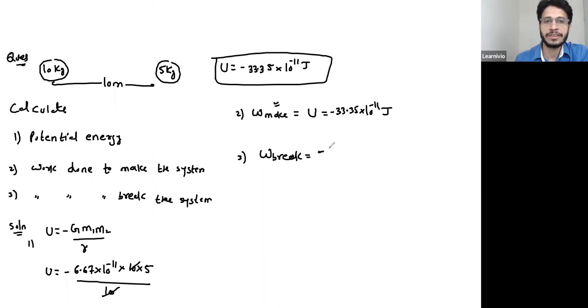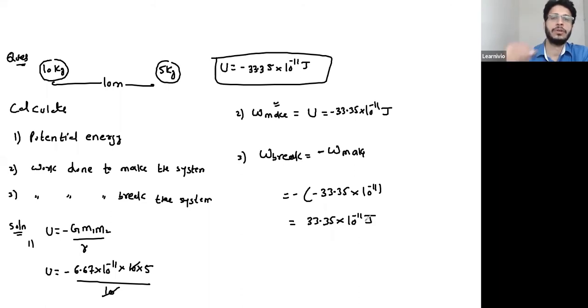Work done to break the system is negative of work done to make the system. So it's negative of minus 33.35 into 10 raised to the power minus 11. So it comes out to be 33.35 into 10 raised to the power minus 11 joule. This is the work that we will do to break the system.